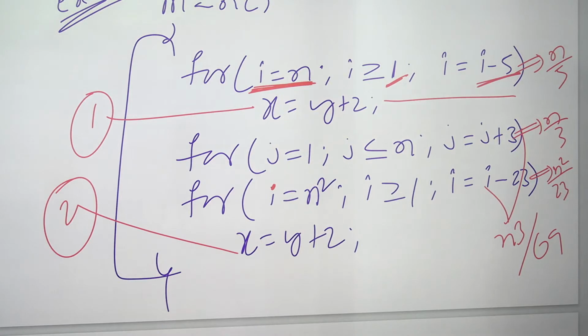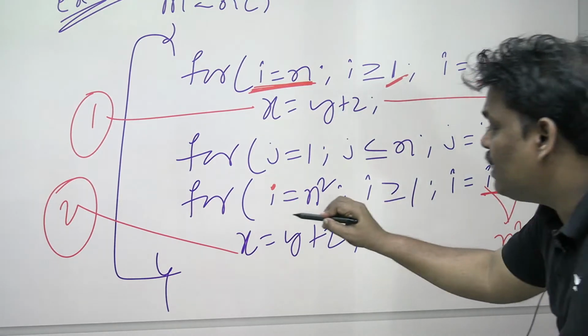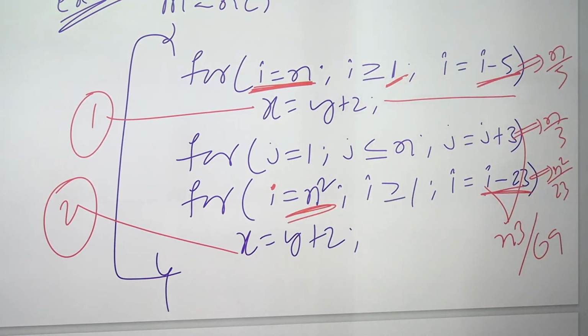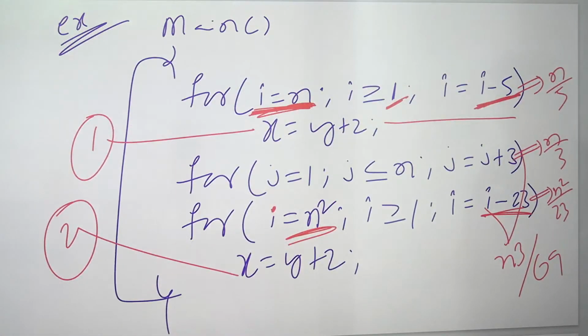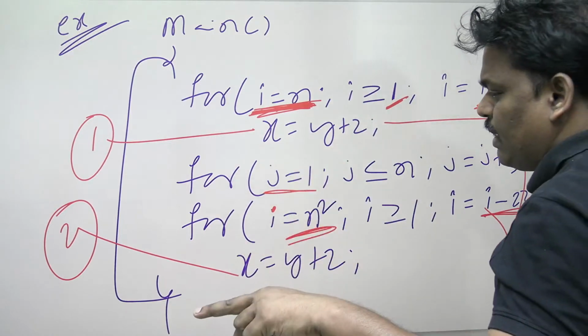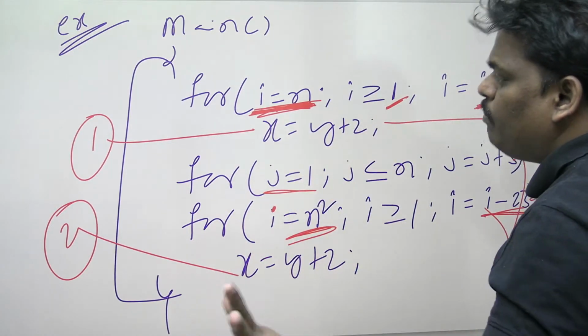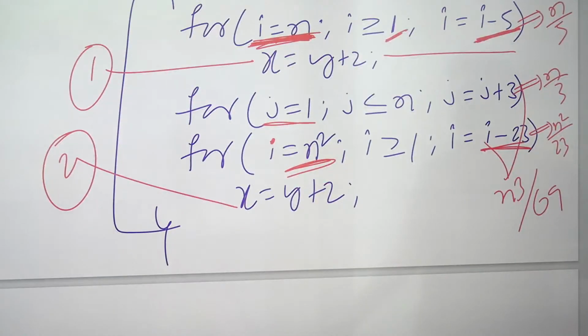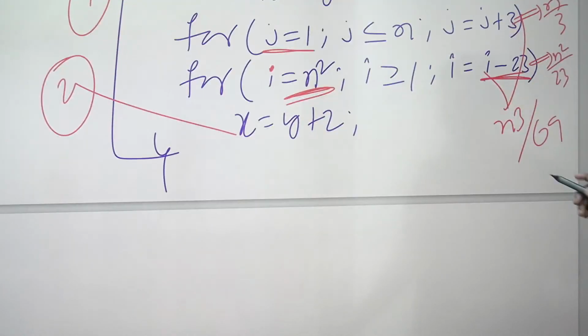Plus 3 means start from a small number and increment, minus 3 means start from a big number and decrement. You may ask why n square by 23: because of minus 23. Plus 5 or minus 5 has the same meaning in the number of repetitions. So the first statement is n by 5, the second statement is n cube by 69.